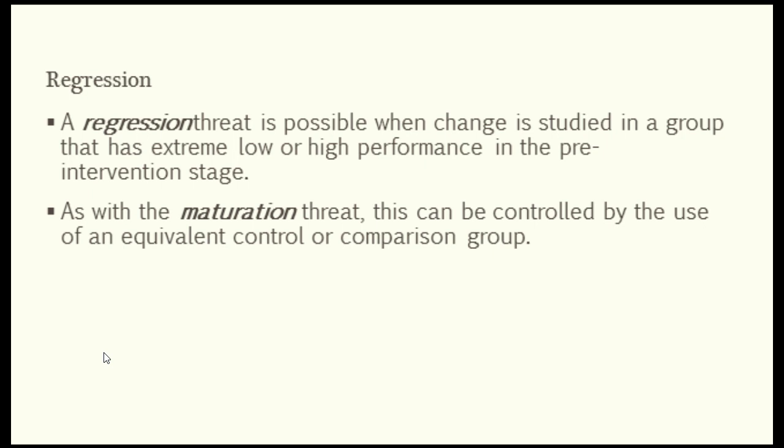So let's talk about regression. A regression threat is possible when change is studied in a group that has extreme lows or extreme high performance in that pre-intervention stage, right? So just like with the maturation threat, you could control it by using an equivalent or control or comparison group.